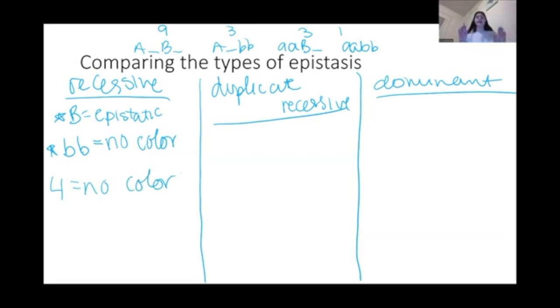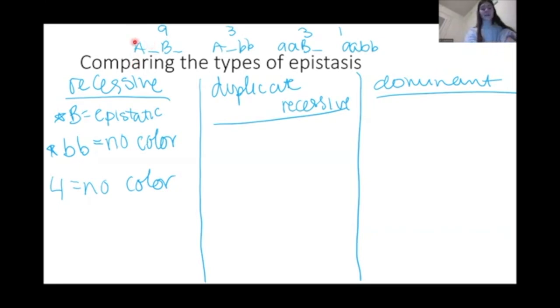So that means that anywhere that we have a big B, we do have color. So that would be right here and right here. So 9 are going to have color, obviously, because of that big B. And since they do have color, now that's whenever we can finally look at our A. So if there's no color, it doesn't matter what our A is. But if there is color, then we do have to look at what our A gene is.